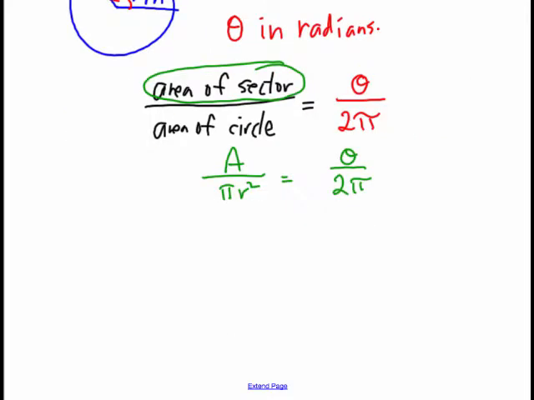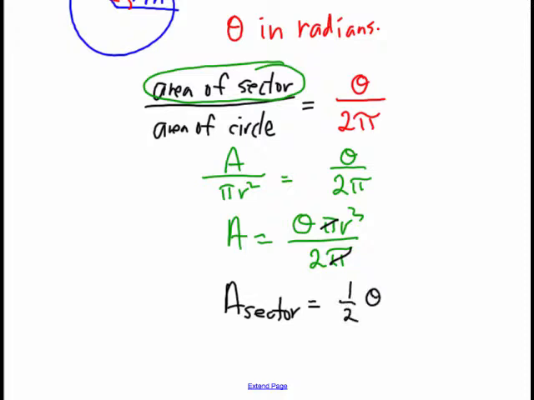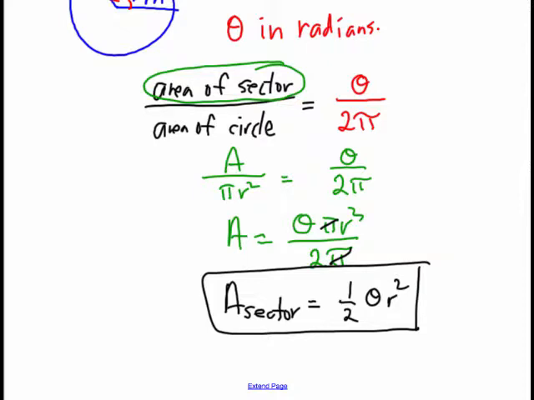Multiply both sides by pi r squared, and a wonderful result happens, that being that the pi's cancel out, and our formula is therefore the area of a sector is 1/2 theta r squared. Alright, I will need that formula shortly in my main proof of the limit I'm trying to show.